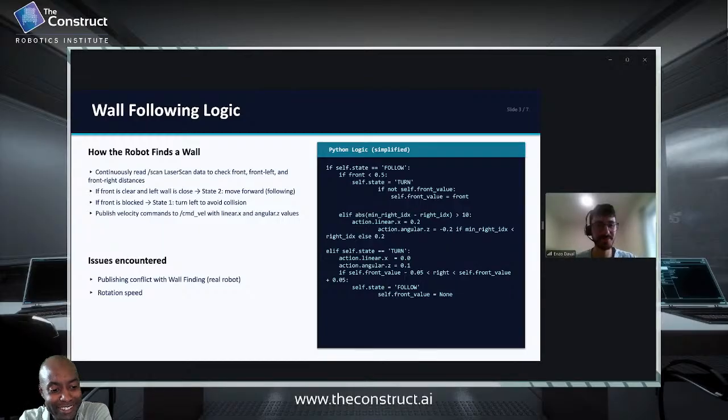Oscillate, exactly. So here also I encountered different issues. The same as the wall finding, the rotation speed: if the rotation is too high, we may never enter the condition. And the second one is pretty interesting, and it seems obvious, but it took me a lot of time to understand.